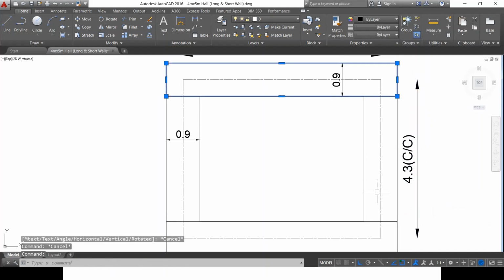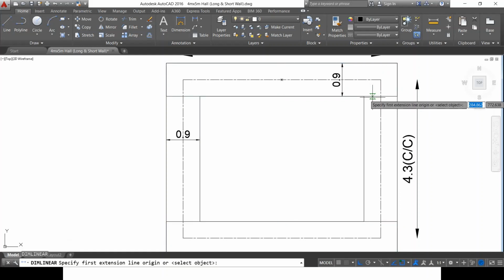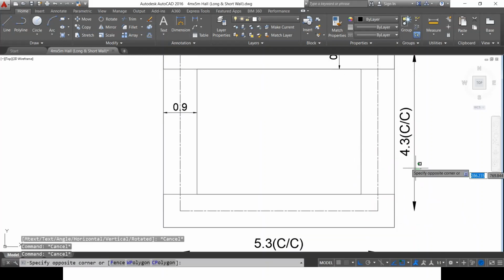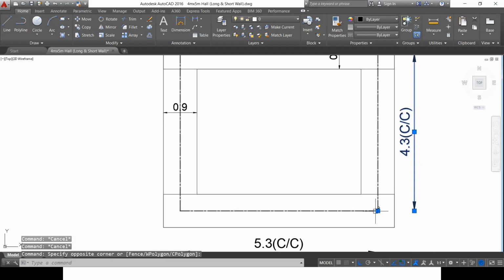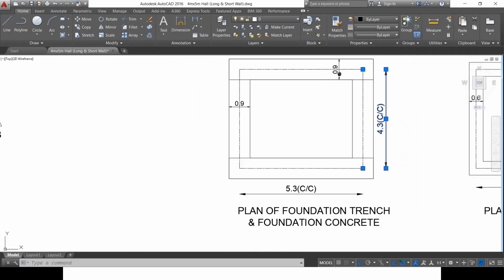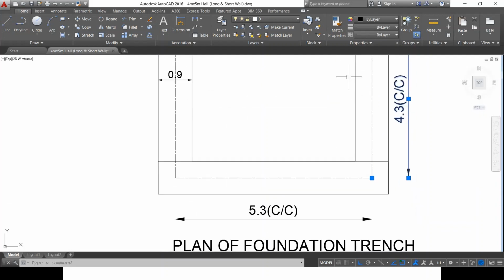But since I've already made the excavation of this portion over here, I need not consider this overlap area again. So in order to consider the length, I just have to consider the length from here to here. So how do I get that length? 4.3 meter is the total length minus, I'm going to subtract this half width. Half of this width is already done. What is this half width? 0.9 divided by 2, and here also 0.9 divided by 2.